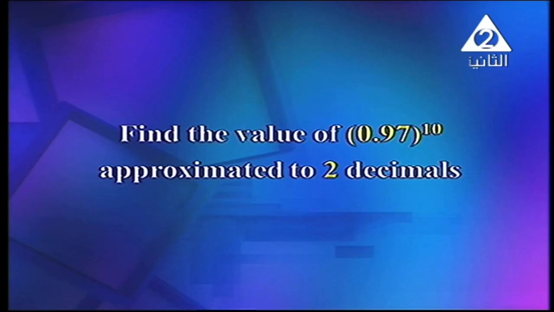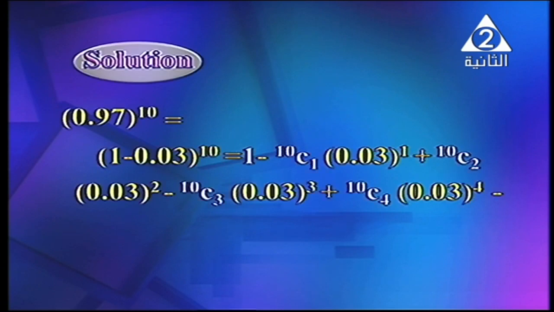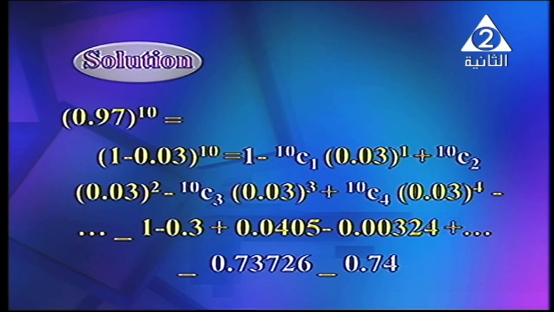Find, my dear student, the value of 0.97^10 approximated to decimal places. By using the binomial theorem, we know that 0.97 equals what? 1 minus 0.03. Then 0.97^10 equals (1 - 0.03)^10.